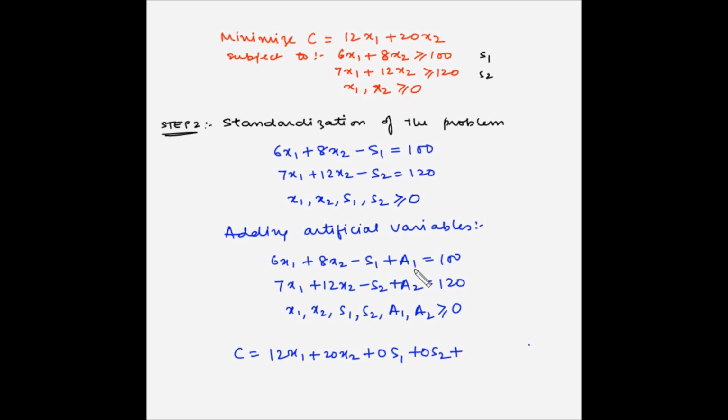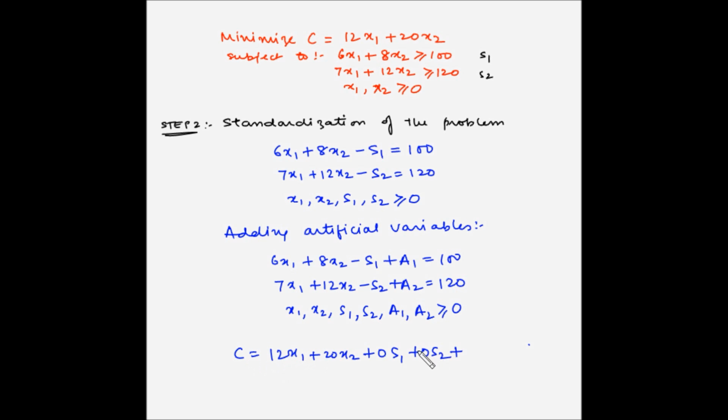In order to make sure that a1 and a2 do not appear in the final solution, what do we need to do? Now, the objective function is based on cost and we have to minimize the cost.